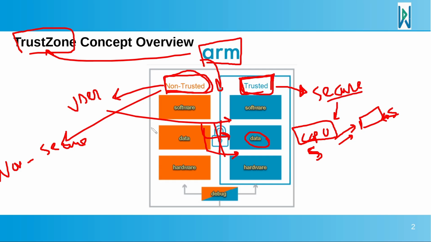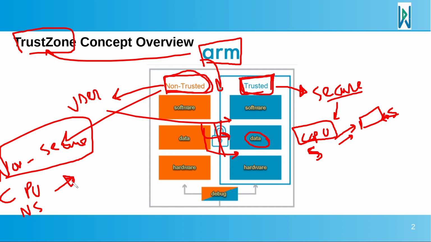Similar to this, when running in non-secure domain, then the CPU should run in non-secure state, and the hardware resources and address space should be marked with non-secure attribute. With this, we can create isolation in terms of hardware as well as logical accesses between the secure area and the non-secure one.